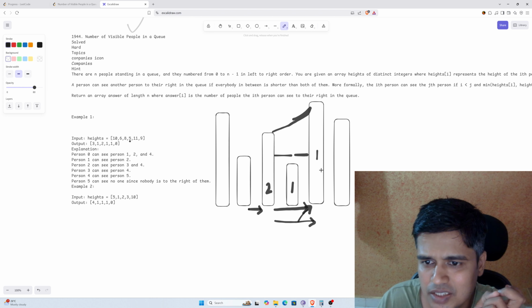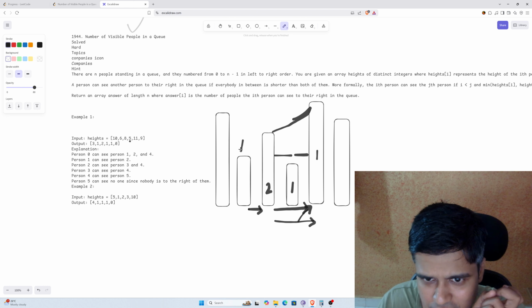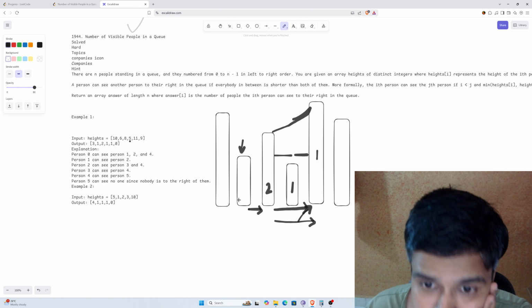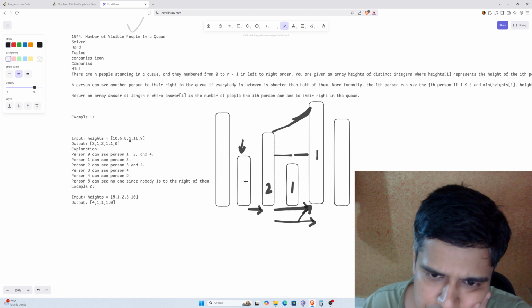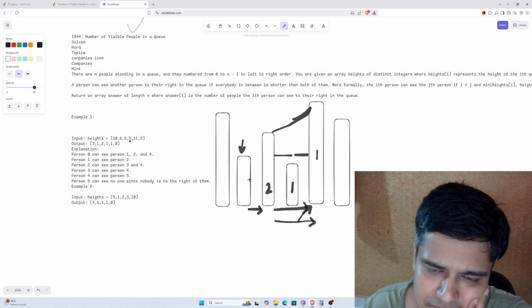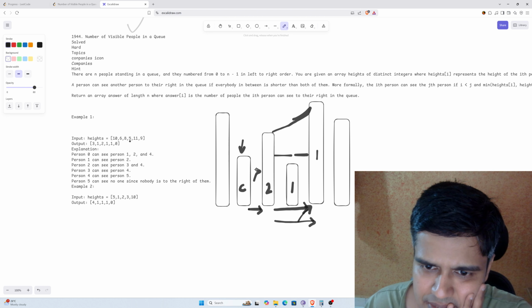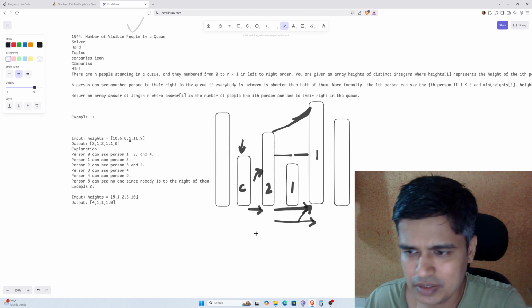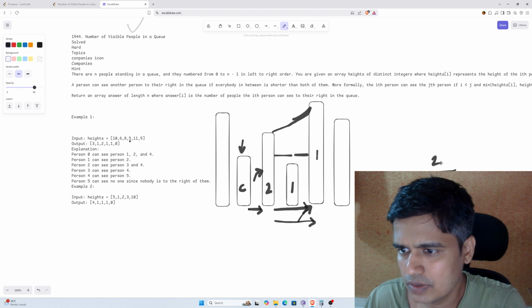But that is not the case. We'll have to check with respect to our current number. If anything is greater than my current, I need to only take care of that part. So somewhere I will have to store this, then this also.